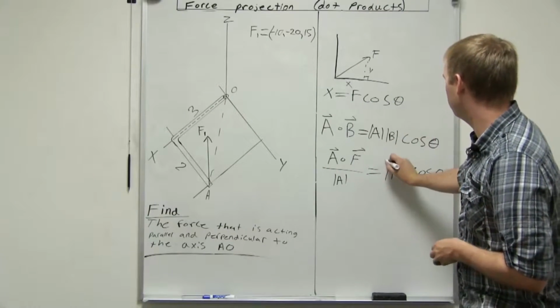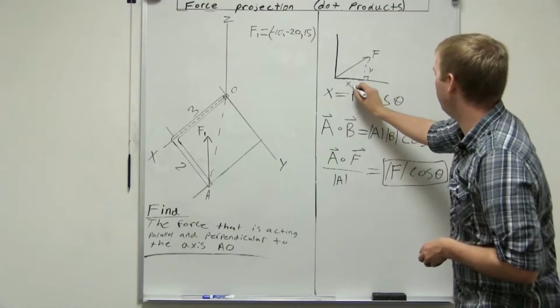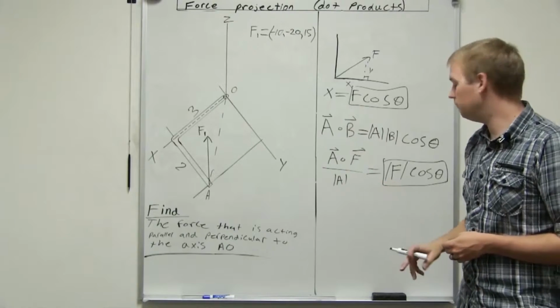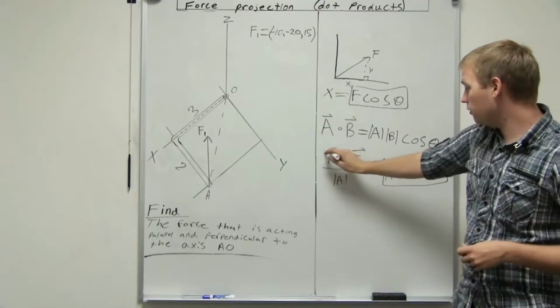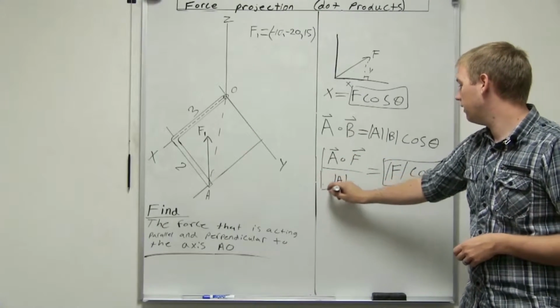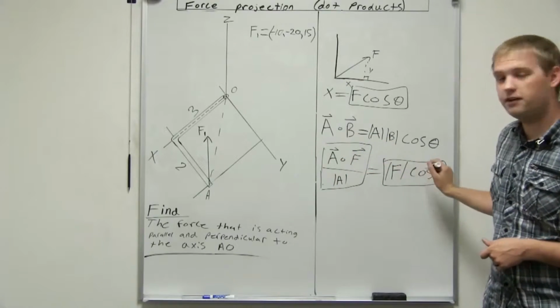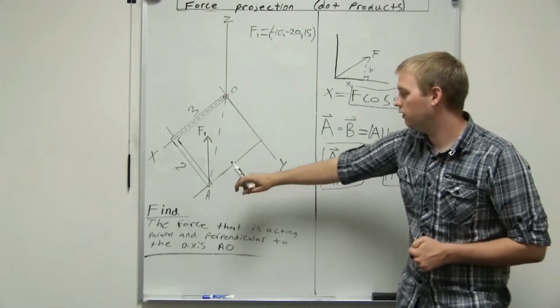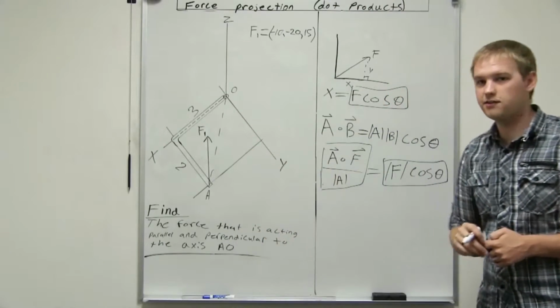So if you notice, right here, we have the exact same thing as we have over here. So doing this right here will give us the parallel component of the force acting on this axis AO.